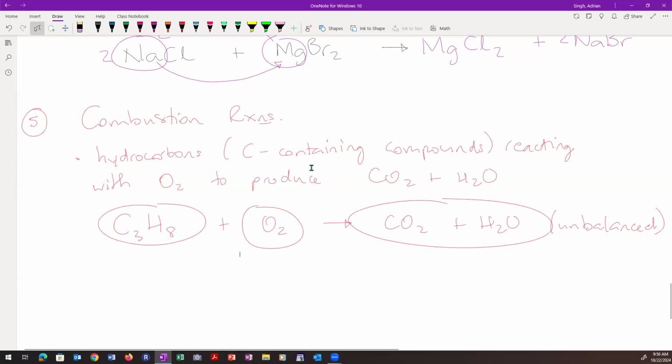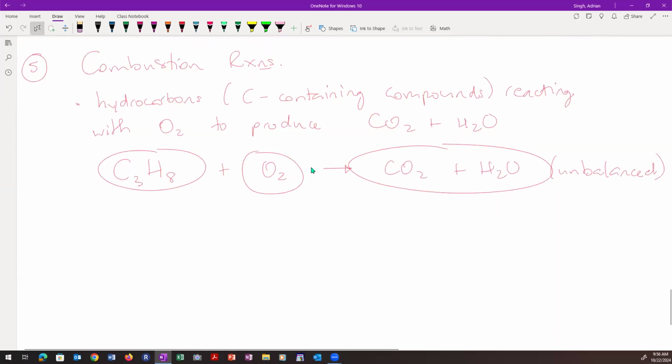So a couple things to note about combustion reactions is that these are the products we're going to get for complete combustion. And what that means is that we have the necessary amount of oxygen required to completely burn that fuel.